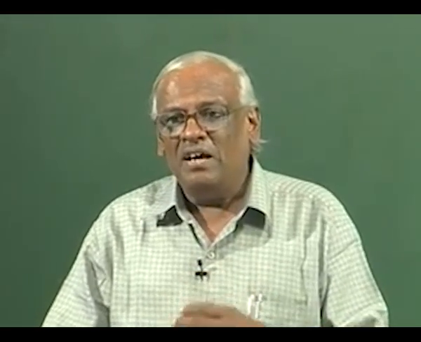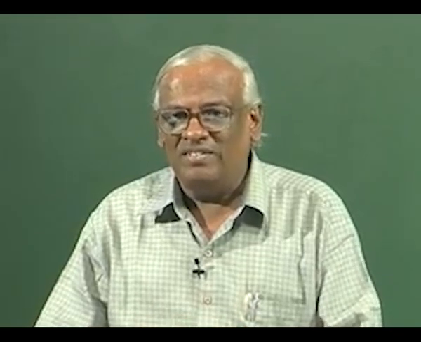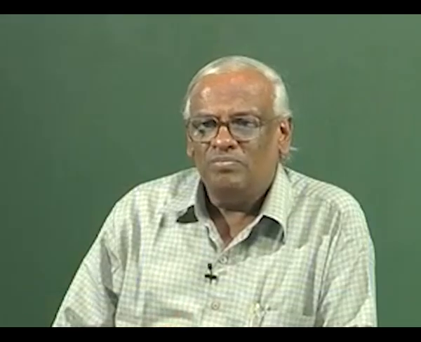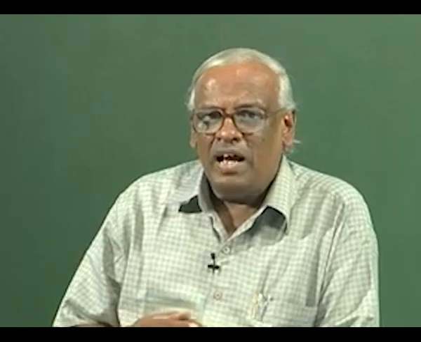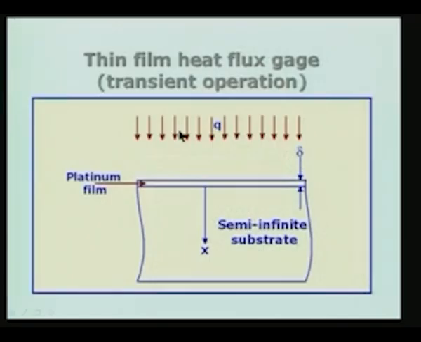It simply responds to the temperature of the surface, and therefore the platinum film is used because its resistance will change with temperature. And if I measure the resistance of the platinum film as a function of time, I am actually measuring the surface temperature as a function of time. Okay? So, if the heat flux is constant, the surface temperature will vary in a particular fashion.